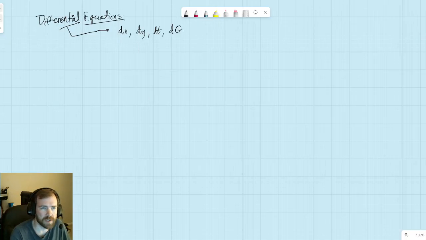And like I said, most of the time you're going to see it in this form. Now it is possible, and very likely, that the way that it's written for you is going to be something like dy/dx is equal to 5x plus 7. Or in other words, dy/dx is equal to some sort of function of x.